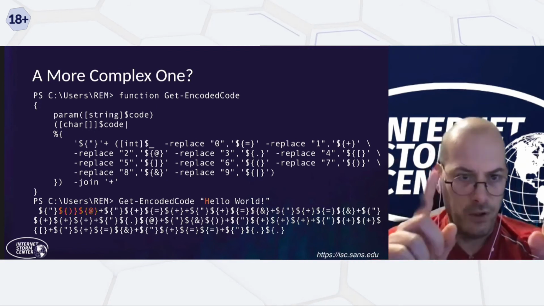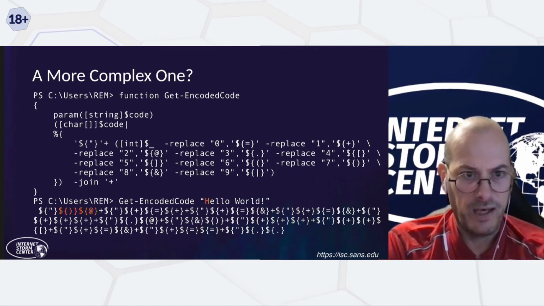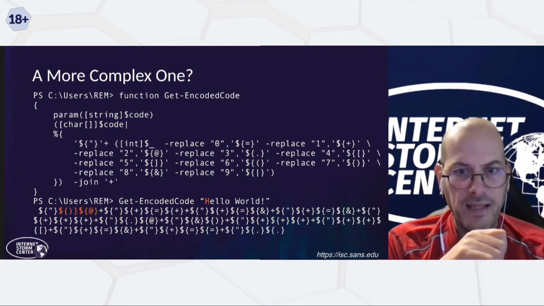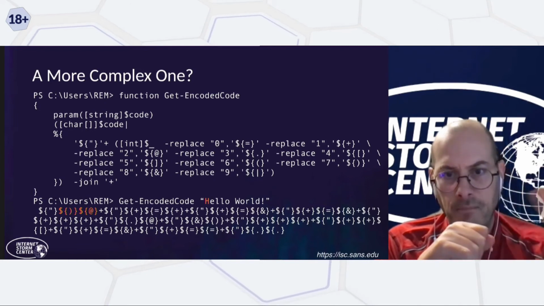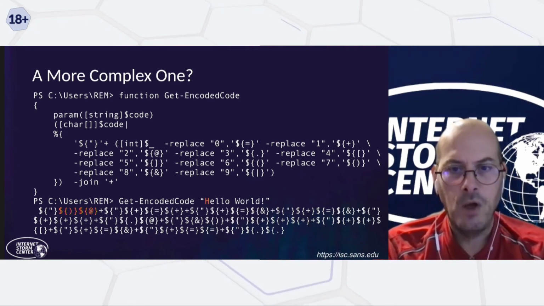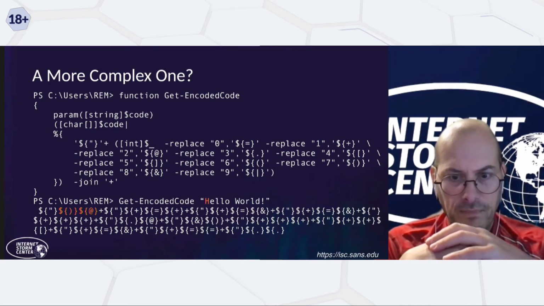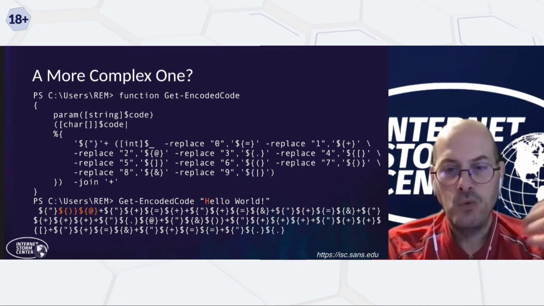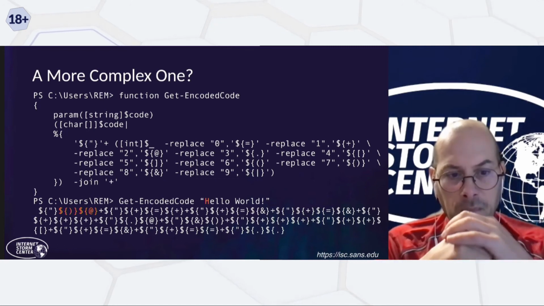You have a $_, which is the parameter that we pass to the function, and then we will replace numbers by a string. And the strings all look the same, $ between curly braces character. That's a way to encode a string.